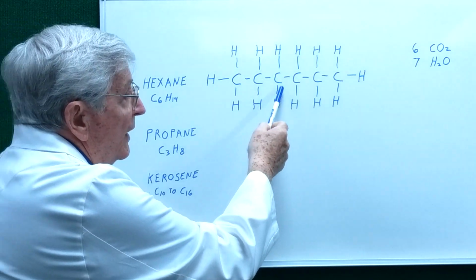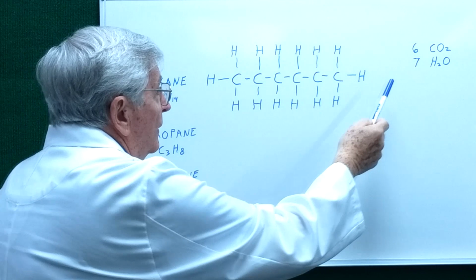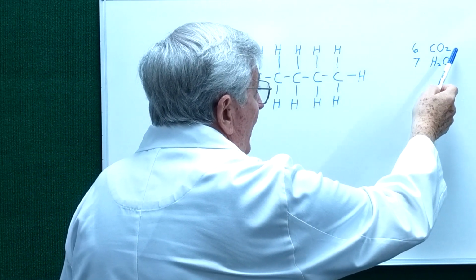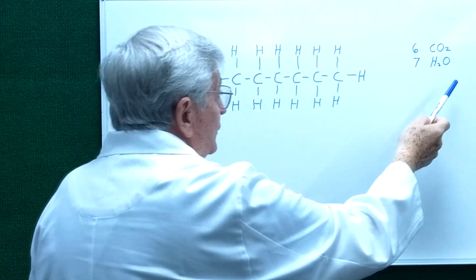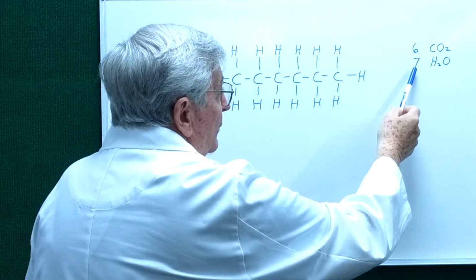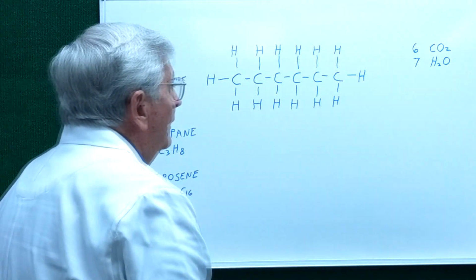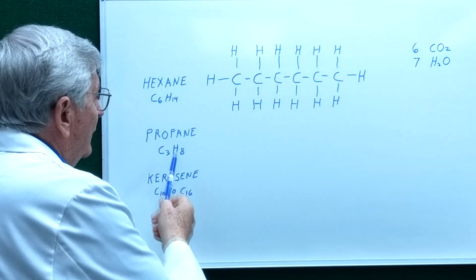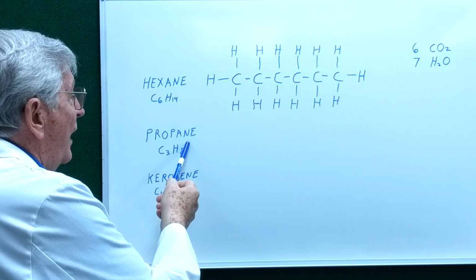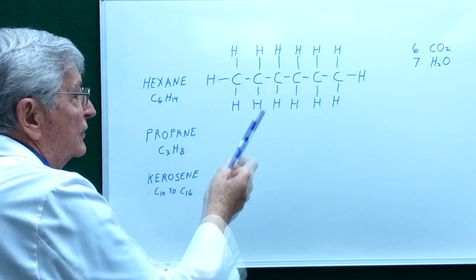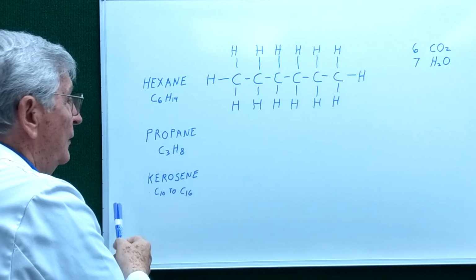Now when we burn hexane, we're going to get 6 molecules of carbon dioxide, CO2, and 7 molecules of water, H2O. Similar things happen with propane. You just get less CO2 and less water vapor.